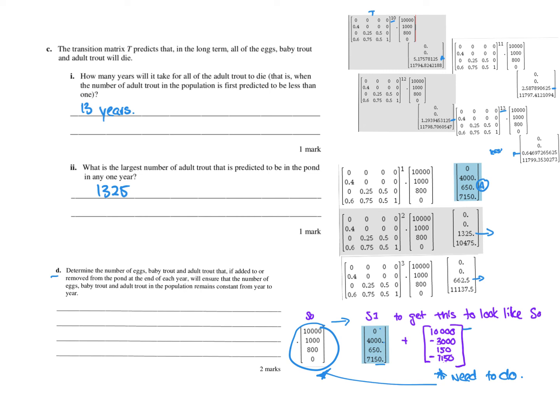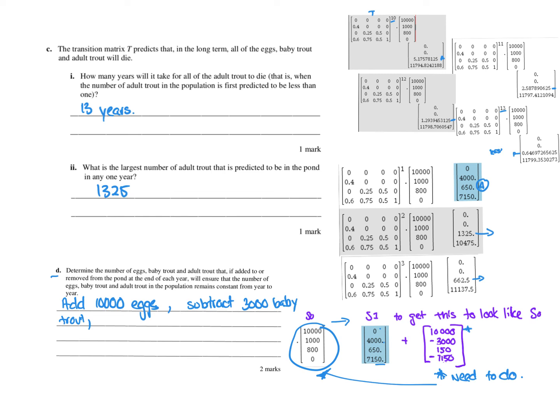We determine the number of eggs. We need to add 10,000 eggs. So that was that first one. The second one was babies. So we need to subtract 3,000 baby trout.